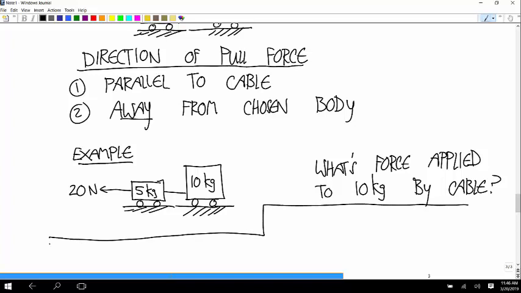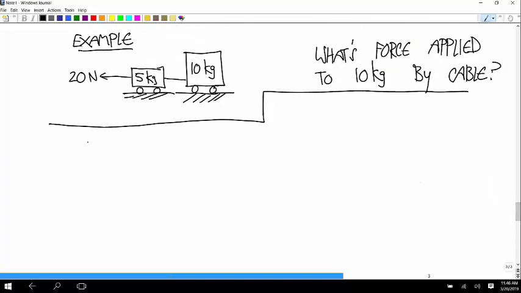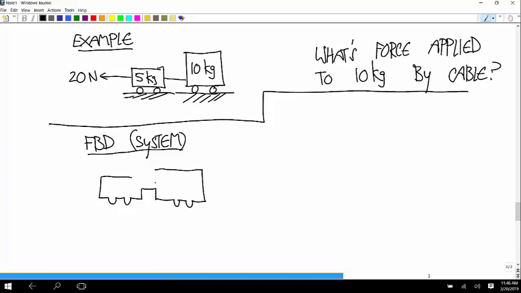Okay, what do you think the first step is going to be? Yep, so we'll isolate the whole system together and calculate the acceleration. There's a weight force of 15 times 9.81, so that's 147.15.